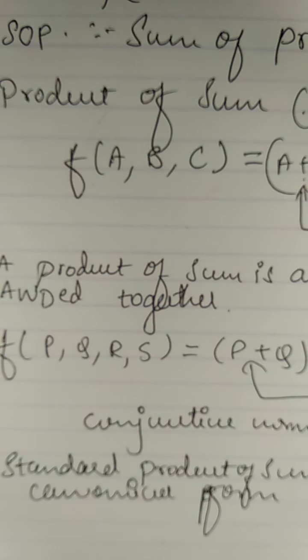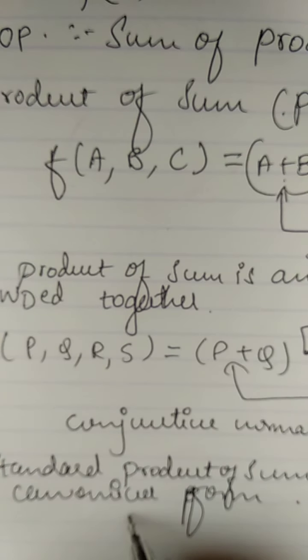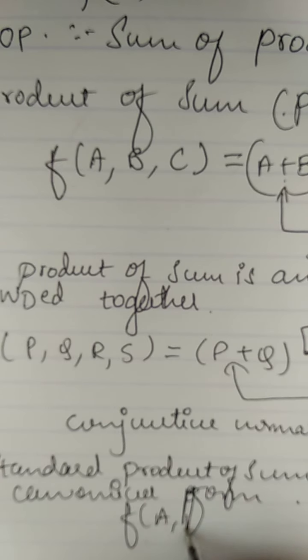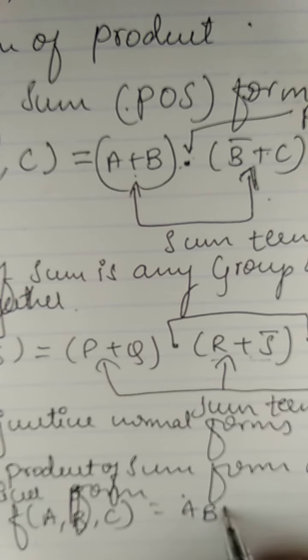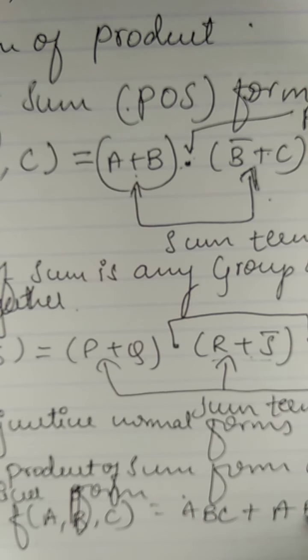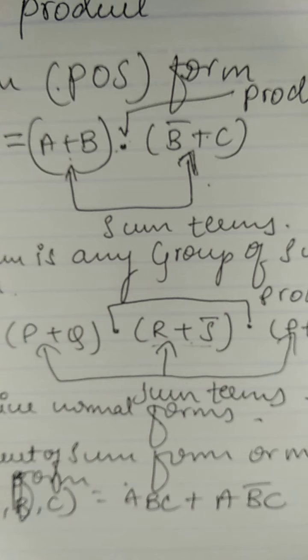So the standard SOP form is also known as min-term canonical form, and the standard POS form is also known as max-term canonical form. In the max-term canonical form, if each POS term consists of all the literals, then the POS form is known as standard canonical form. For example, f(A,B,C) = (A+B+C)(A+B).